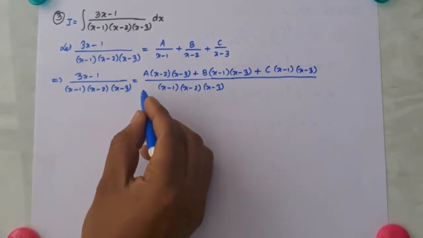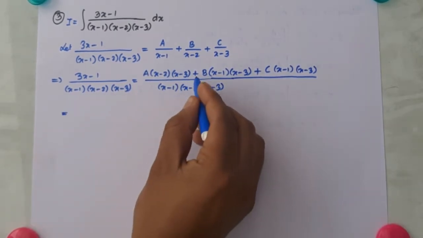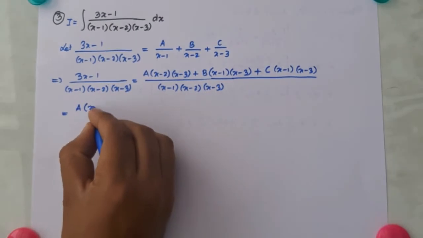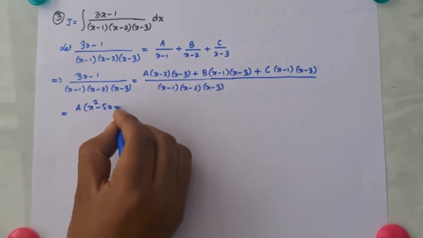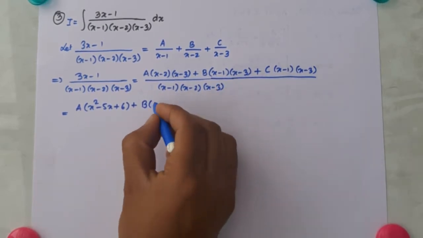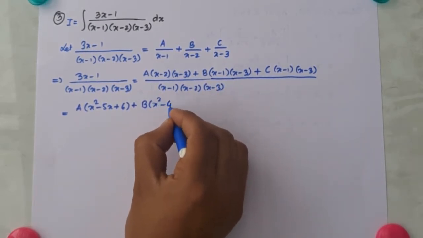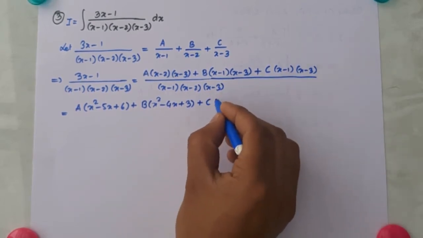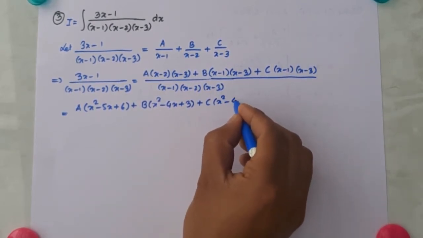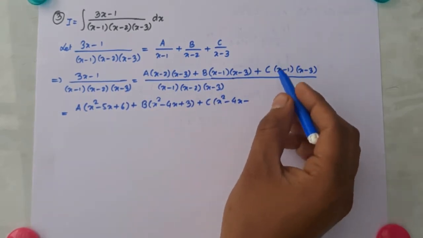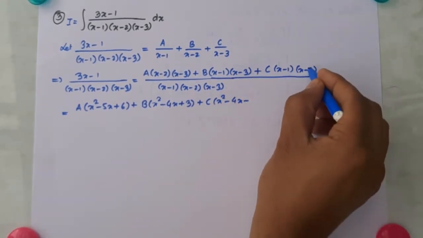Okay, so let me just simplify this part. So this becomes a into (x square minus 5x plus 6) plus b into (x square minus 4x plus 3), and the last one becomes x square minus, just wait a minute. Okay, I'm sorry, this is 2.